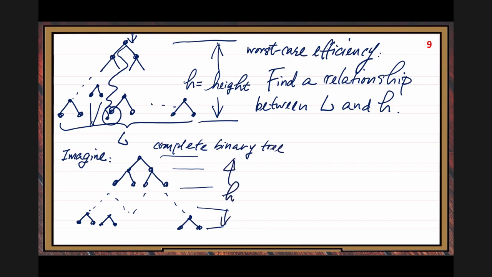Can you tell me what the number of leaves L is, the number of nodes at the bottom level?